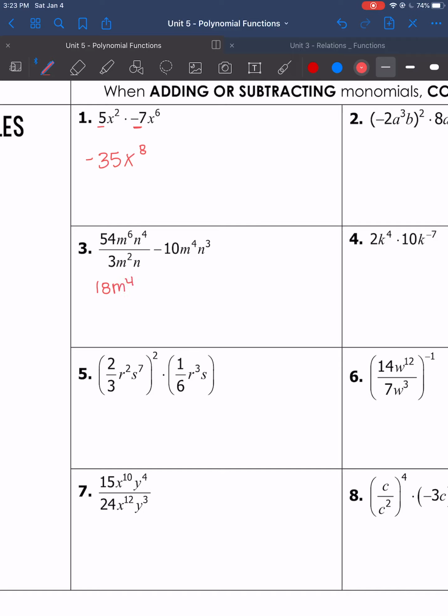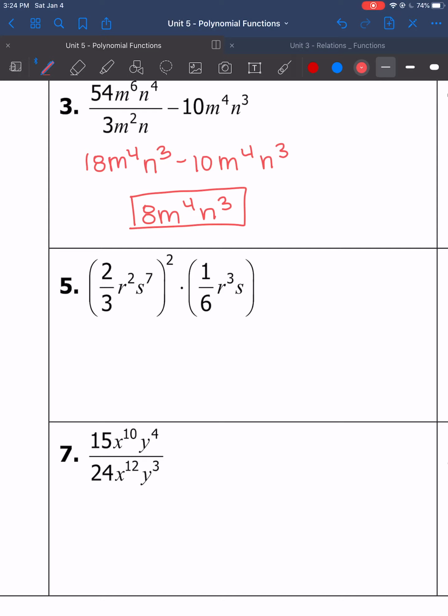And then, once again, I can do the same thing here with the n's, since the bases are the same. And I'm left with 3 n's. Then I have minus 10m to the 4th, n cubed. And since the exponents with the m's and the n's are the same, I'm allowed to subtract 10 from 18 and get 8. That is my solution for that one.